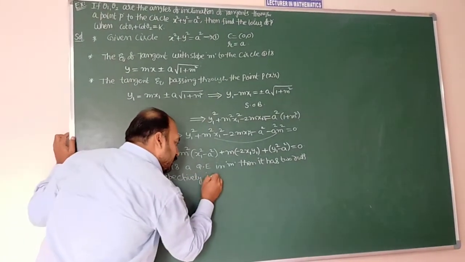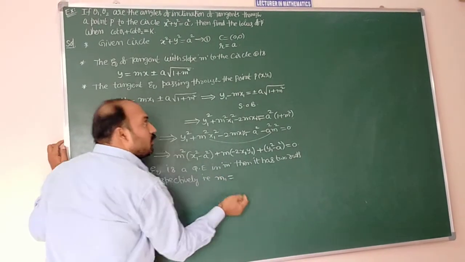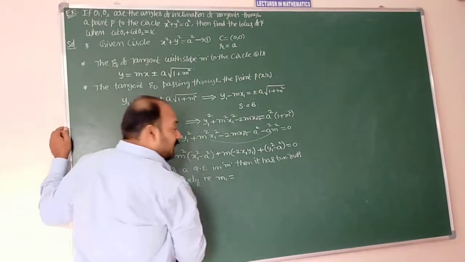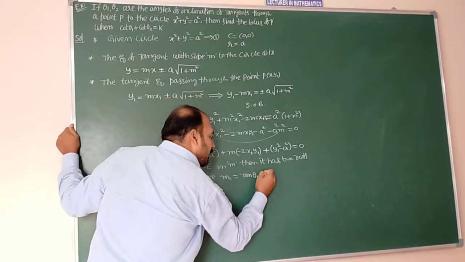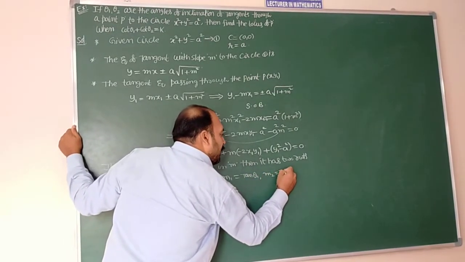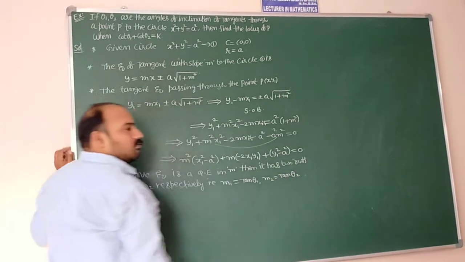That is, m1 means what? The slope of the tangent which makes an angle theta 1 with the x-axis. That means m1 is equal to tan theta 1, m2 is equal to tan theta 2.